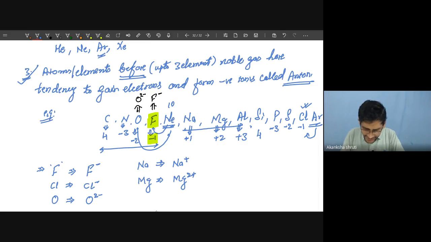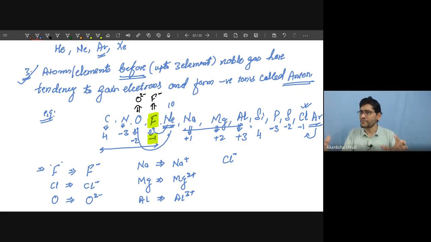Similarly, for positive we will write. Say for aluminium, if I am taking, what will it form? Al3 plus. Are you getting it, student? Now, any of this negative will get attracted with any of the positive. Student, you just observe. I am considering, say, chlorine.